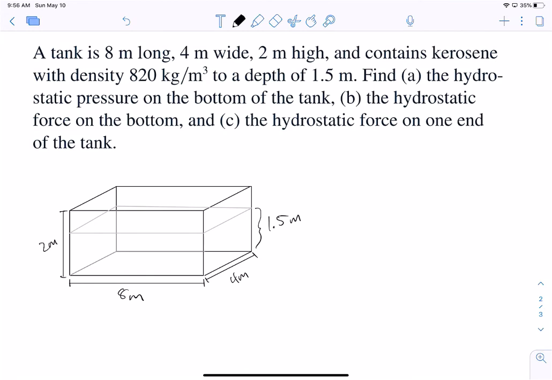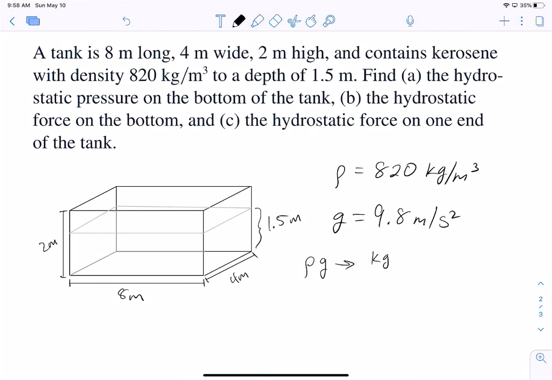Here we have our tank, and our rho is given to be, as I said, 820 kilograms per cubic meter. Now, since this is mass density, we need to consider bringing in gravity, so 9.8 meters per second squared. So in terms of units, rho times gravity is going to be a kilogram per cubic meter times a meter per second squared, and that's a little cumbersome.